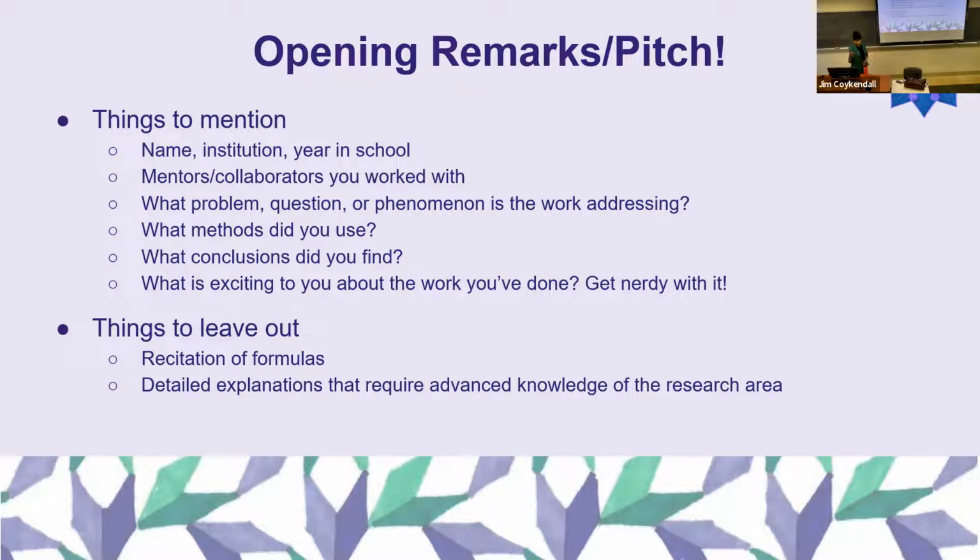So after you introduce yourself and what you're going to be talking about on your poster, ask if the person visiting is a researcher in this field, or are they familiar with, say, differential equations, before you start explaining, so then you know the level of depth you need to go into while you're explaining your poster.